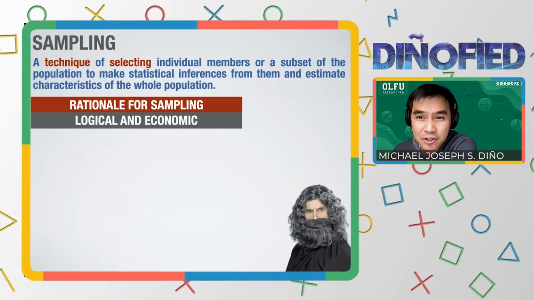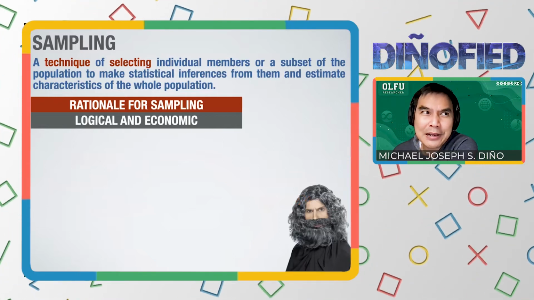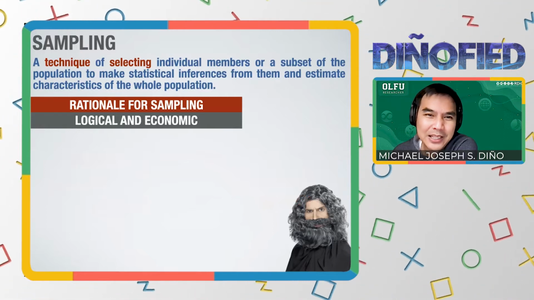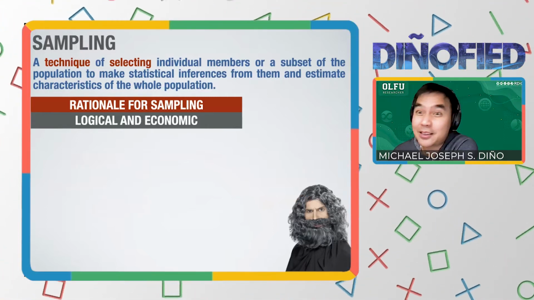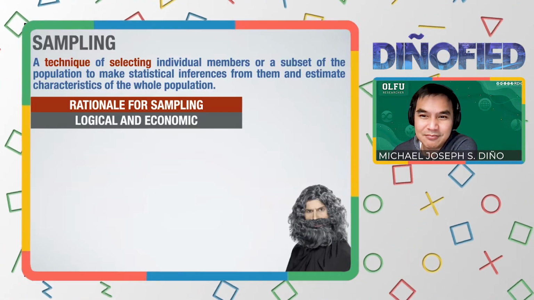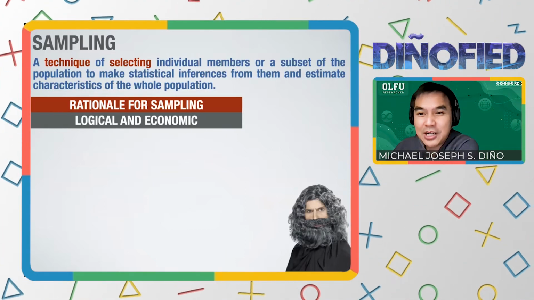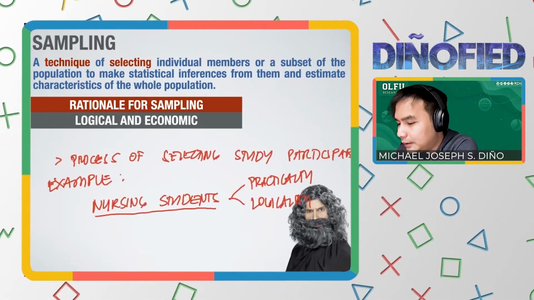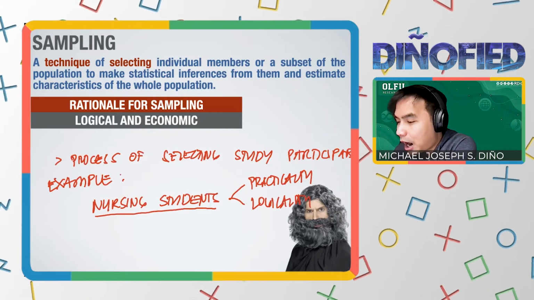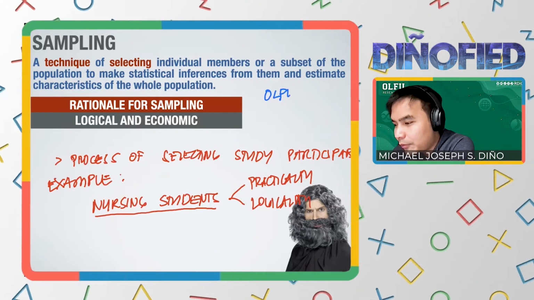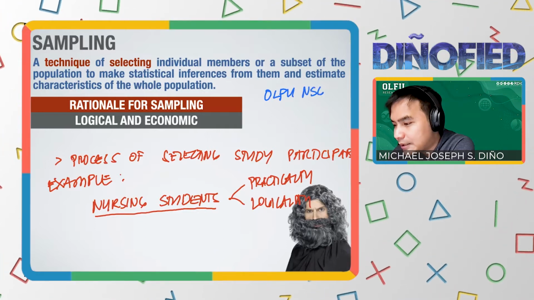Question: if I'm going to select only those who will participate in my study, will it represent the whole population? Can it represent the whole population? Let me give you an example. Our study is all about the responses of OLFU nursing students.